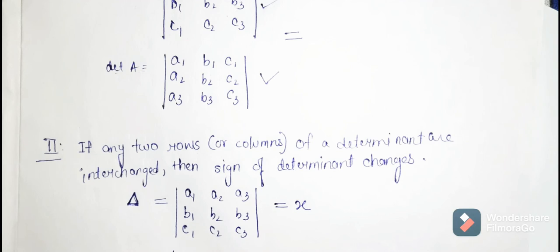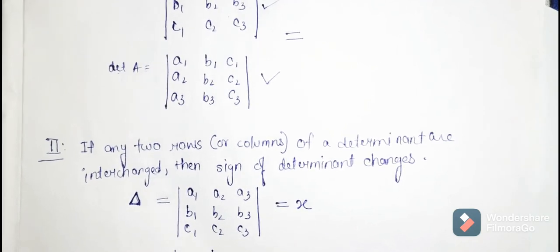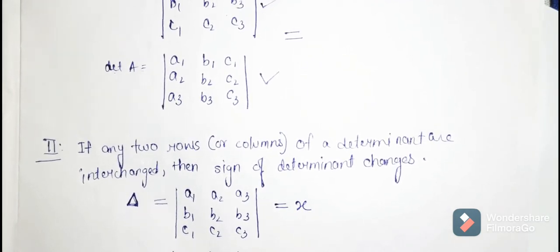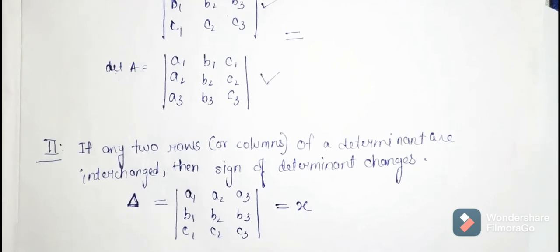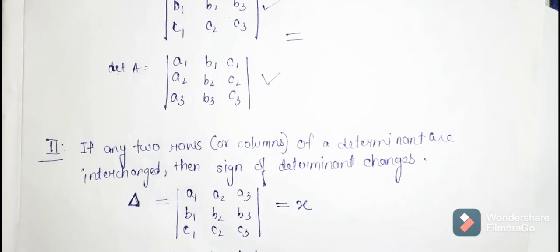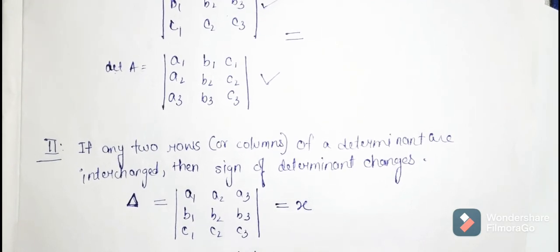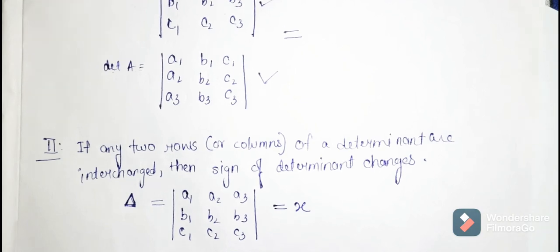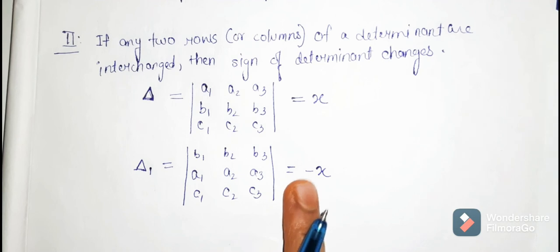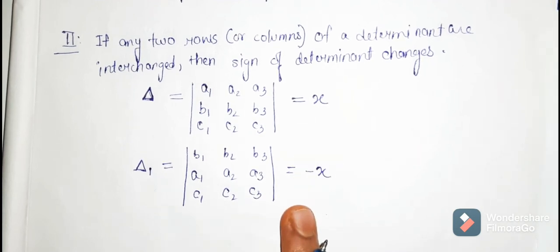If you interchange any two rows or columns, suppose here I have written B1, B2, B3 and here I have written E1, E2, E3, then its value will be minus x. The numerical value is the same, but the sign is changed. Here it is positive x, here it is negative x. Okay, so the next properties we will discuss in our next video.